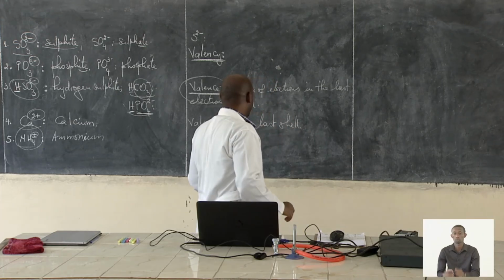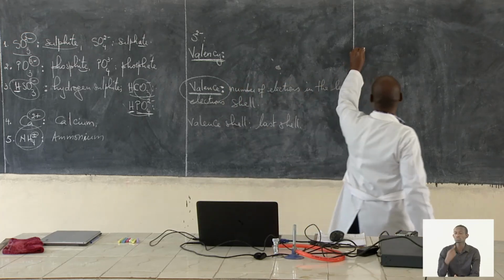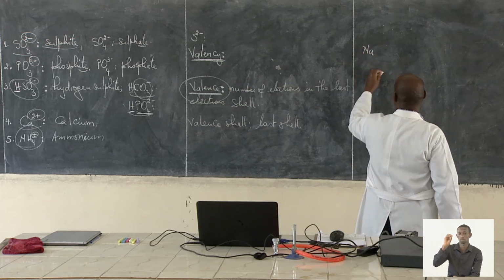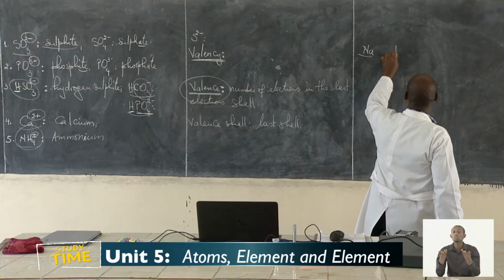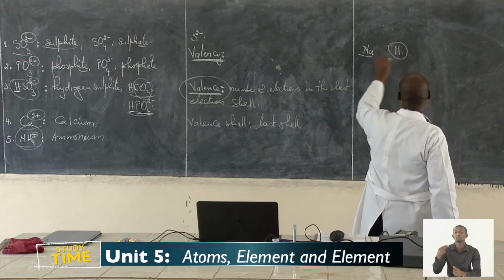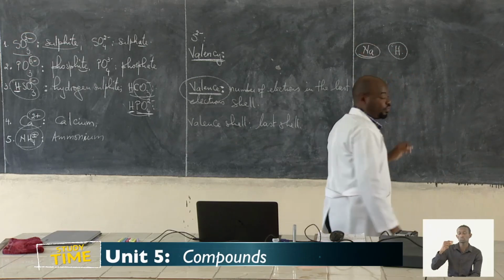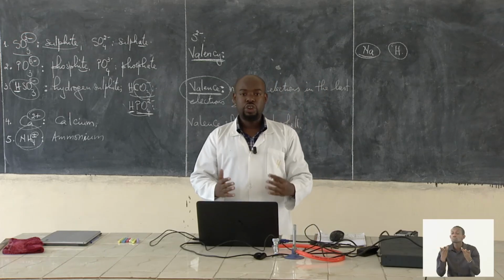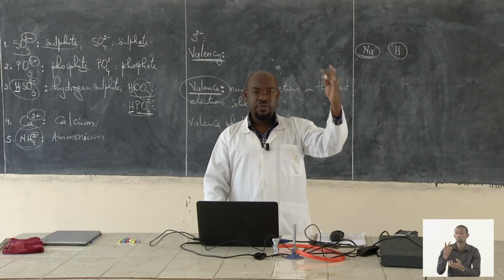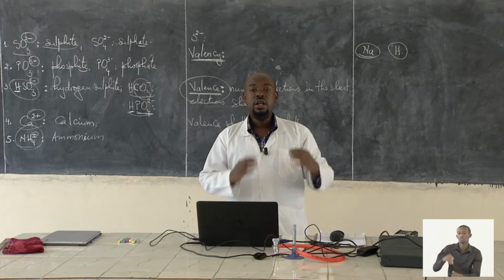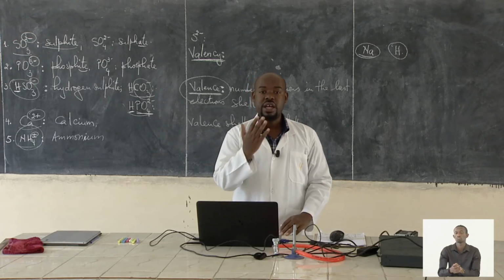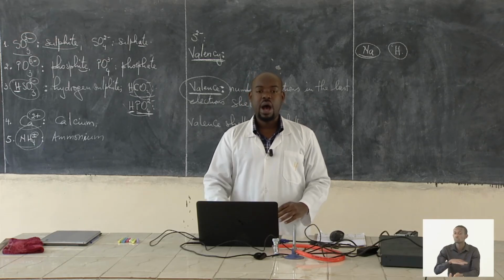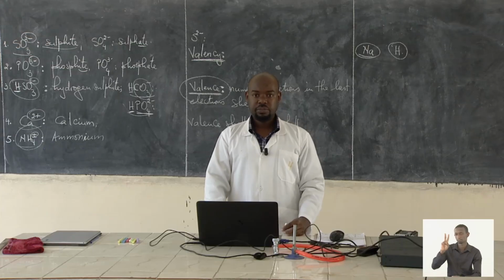For example, let me say that we have sodium. How many, for example, hydrogen atoms can combine with sodium? So how many particles can combine with a given particle we are considering? That is the combining capacity, and it is shown by valency.